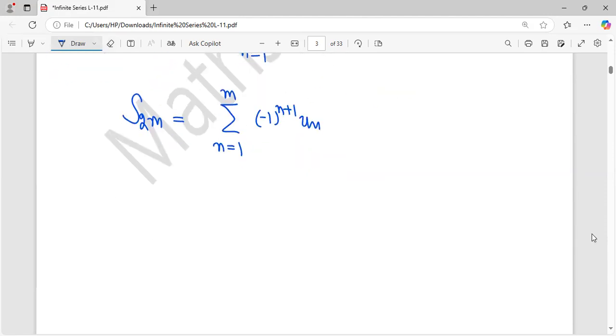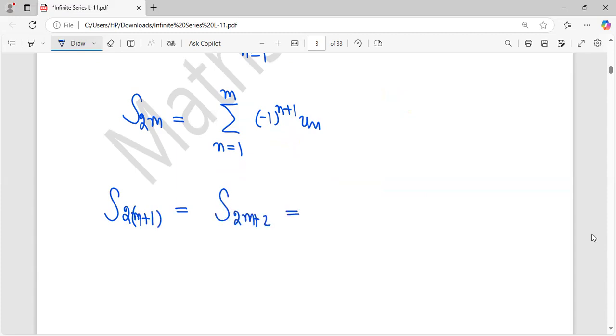Now how can we write this? So what is S2m plus 1? That is S2m plus 2.